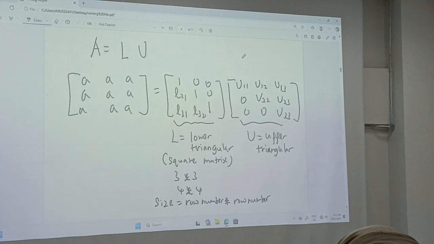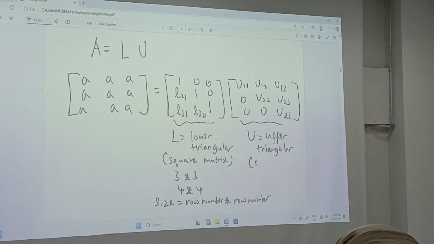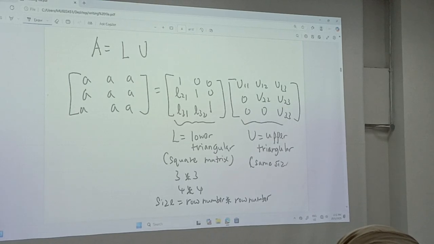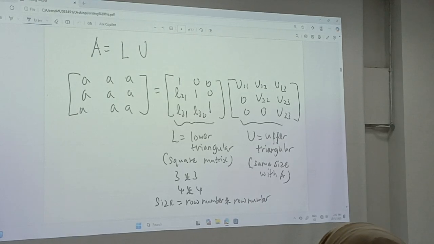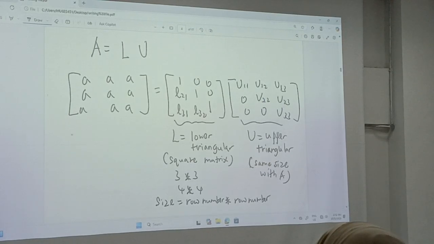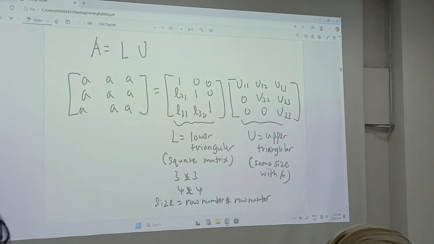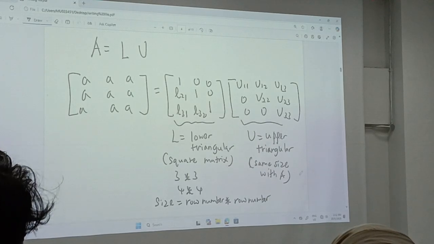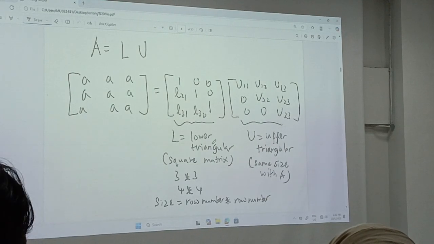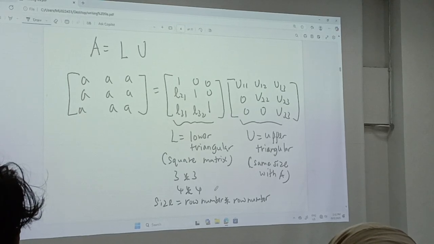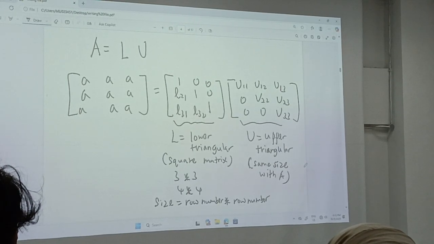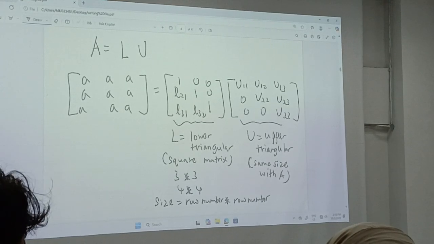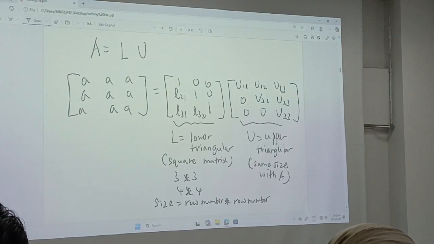Upper triangular actually is the same size with matrix A. So if matrix A is 3 by 3, 3 by 4, then upper triangular is also 3 by 4, the same size as matrix A. Matrix L must be a square matrix. So how do we get this matrix L and U, right?